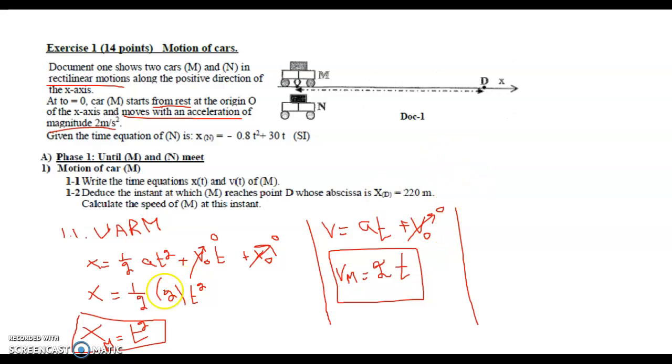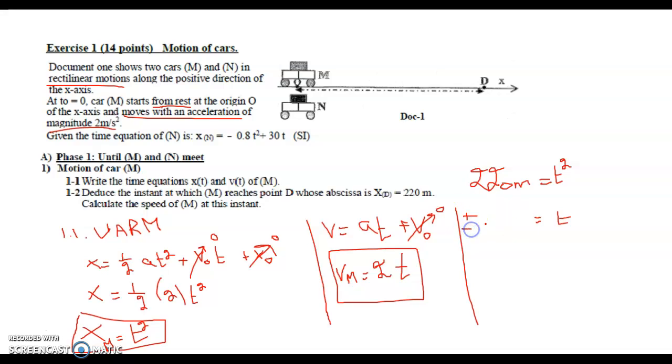So now I substitute in the position time equation 220 meters is equal to t squared. Okay, square root both sides, so we have t is equal to plus or minus radical 220.